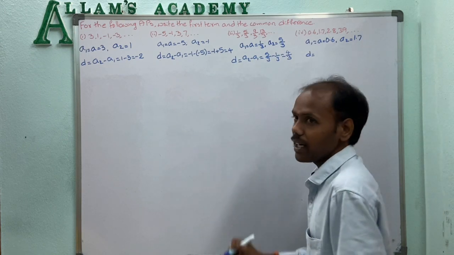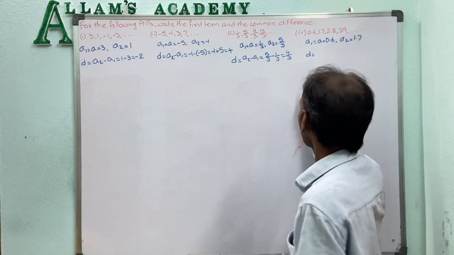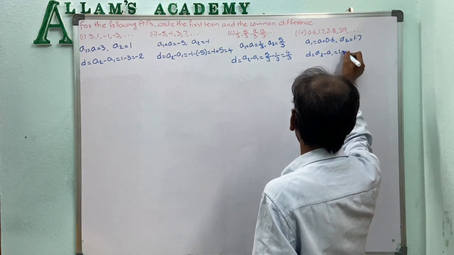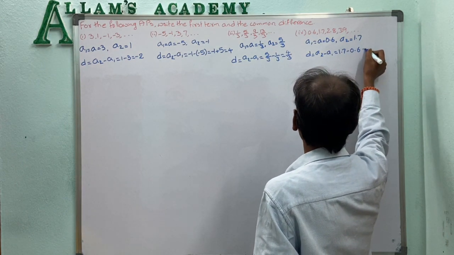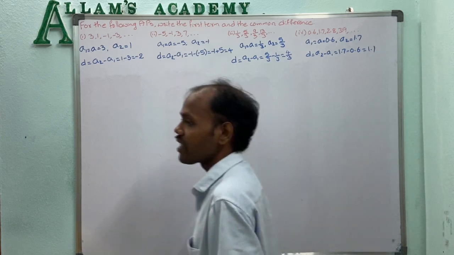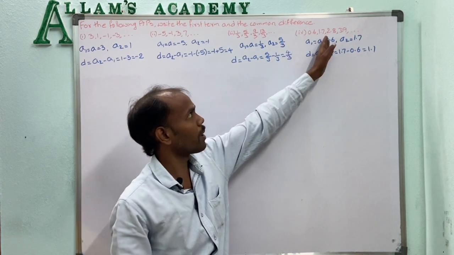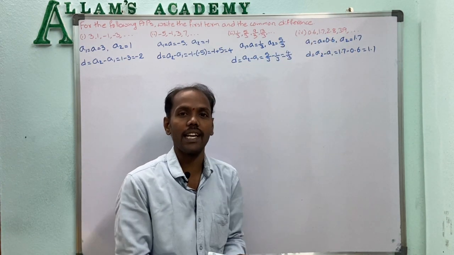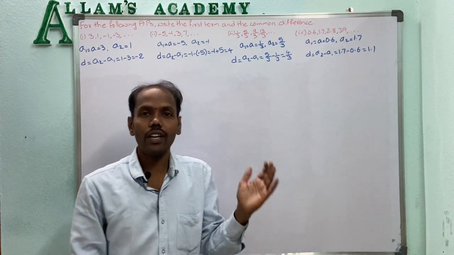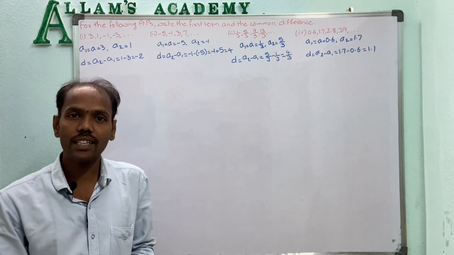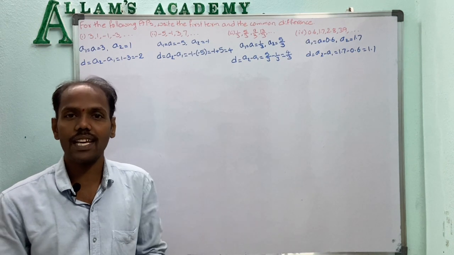Then the common difference D is A2 minus A1, that is 1.7 minus 0.6, that is nothing but 1.1. So the common difference of this series 0.6, 1.7, 2.8, 3.9 is 1.1. So in this manner we can find the common difference of the given series.